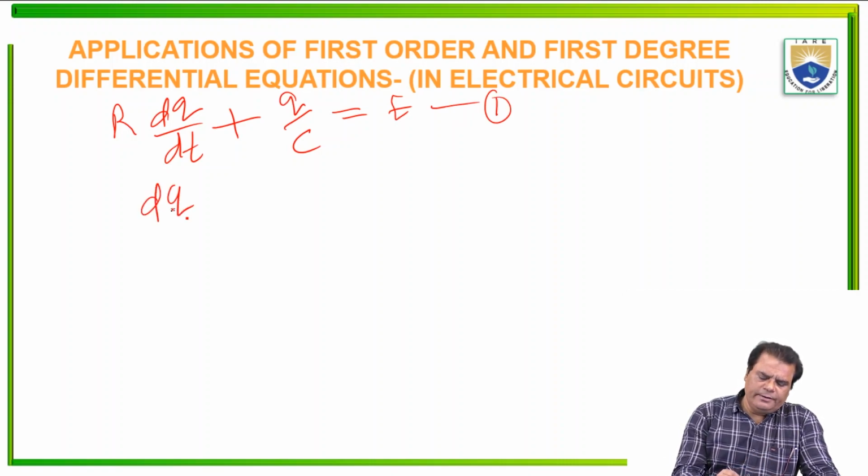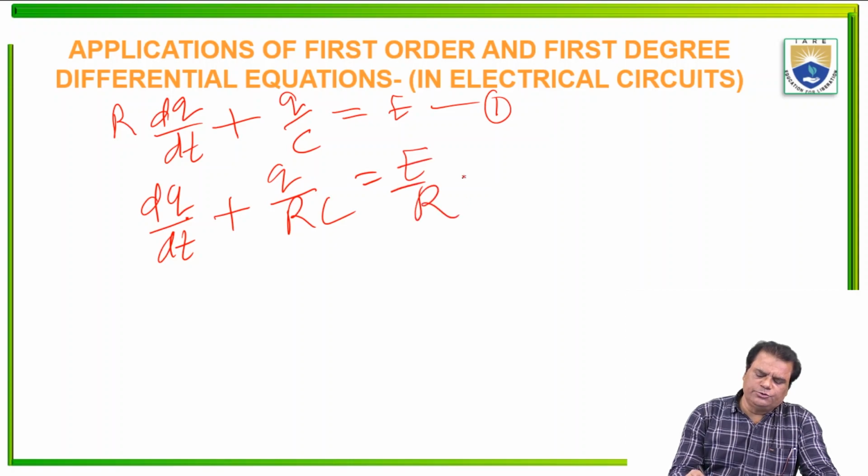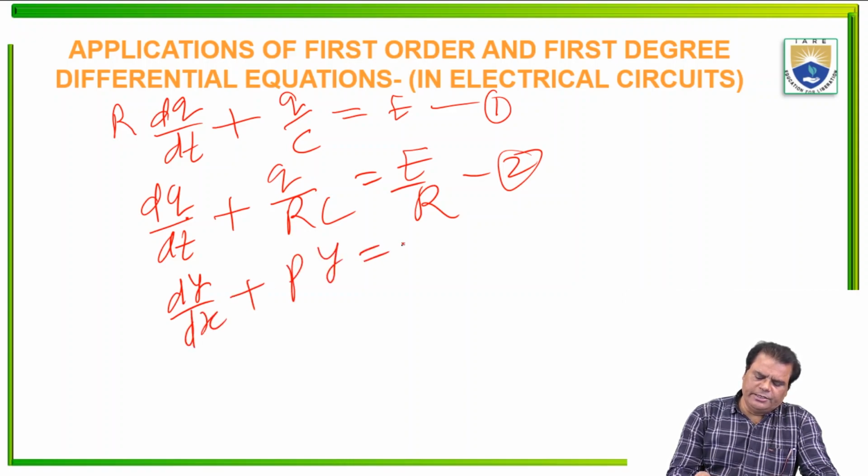Dividing by R: dq over dt plus q by RC is equal to E by R. This is equation 2. Now comparing with dy over dx plus Py is equal to Q, this is equation 3.